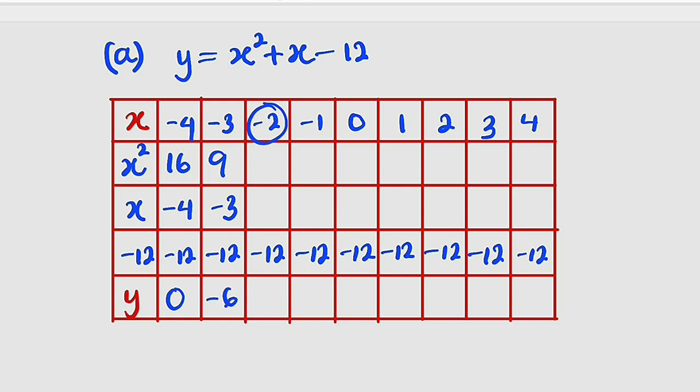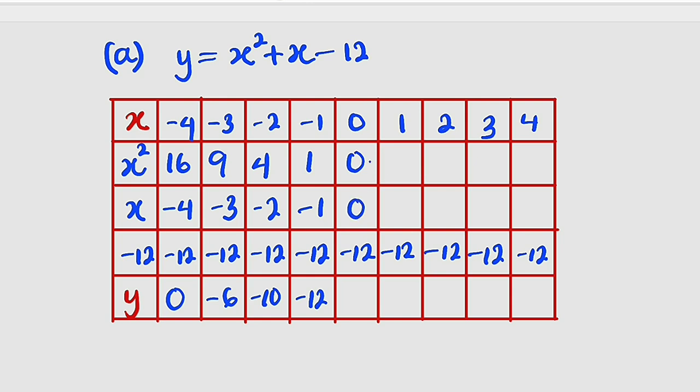Then when x is -2, we have -2 squared, which is 4. This is -2. 4 minus 2 is 2, and 2 minus 12 is -10. Then when x is -1, -1 squared is 1. Then this is -1. 1 minus 1 is 0, and 0 minus 12 is -12. Then when x is 0, 0 squared is 0.